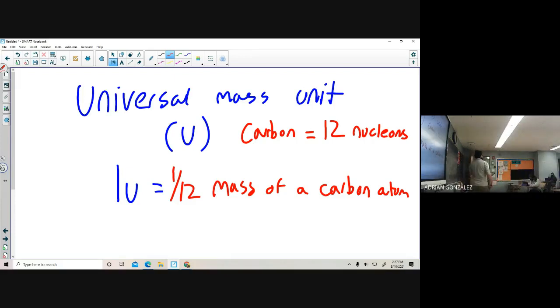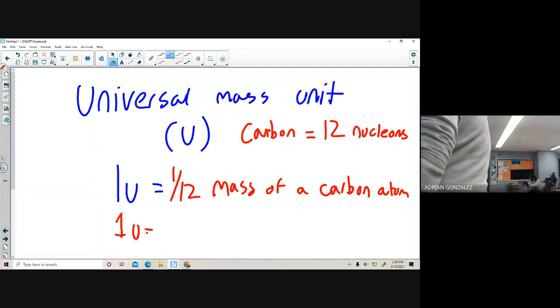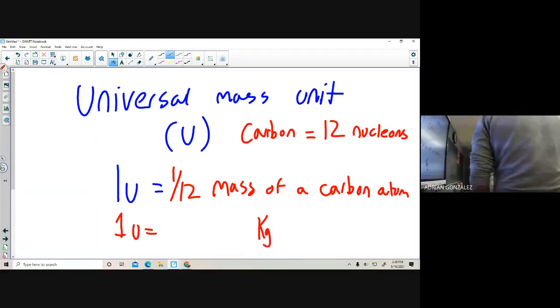Now, when we actually figured this out and did the math, something weird came up. We know 1U is equal to that, and we wanted to figure out, 1U is equal to how many kilograms? We just wanted to check it out, make sure everything was cool.